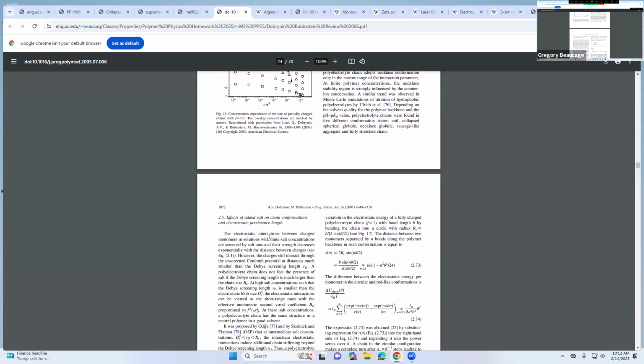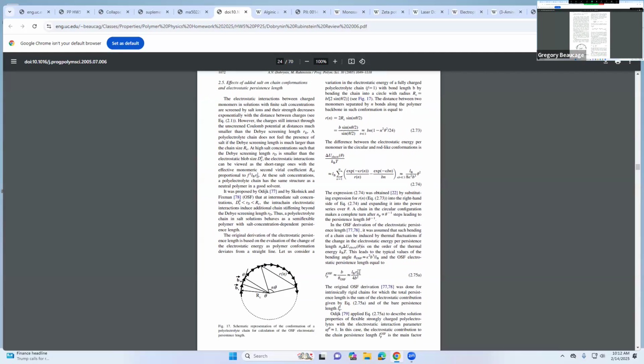So you have the original persistence length and the added electrostatic persistence length, and the OSF is the added electrostatic one. So you have an original number, like 10 angstrom, 8 angstrom, and then you add on this thing that's like 30 or something big. So it's going to be 40 total. That's how the OSF model works. You just add it together. That may or may not be true. It might be an inverse sum. They don't try that, but basically the simplest thing is just to add them.